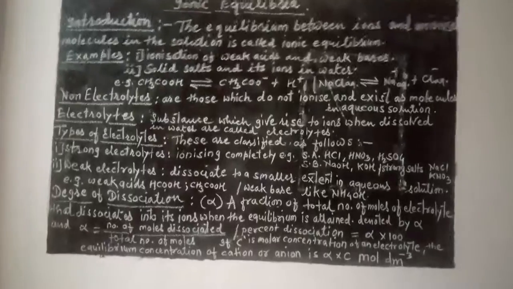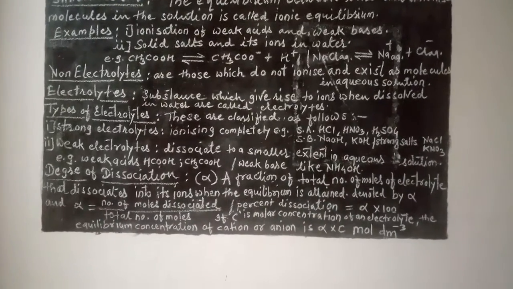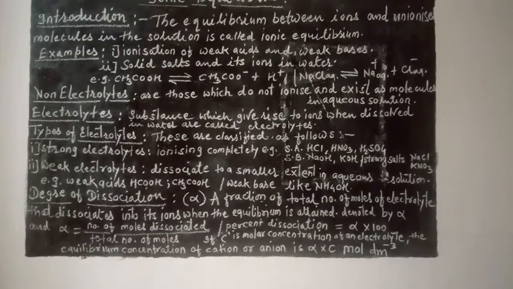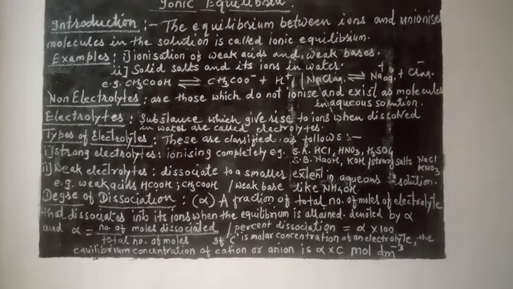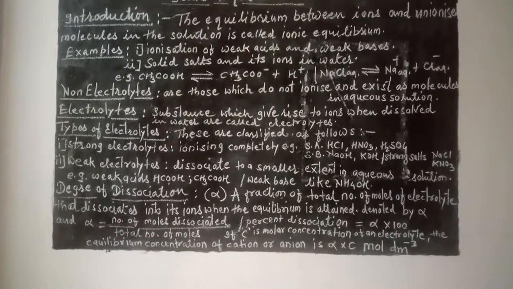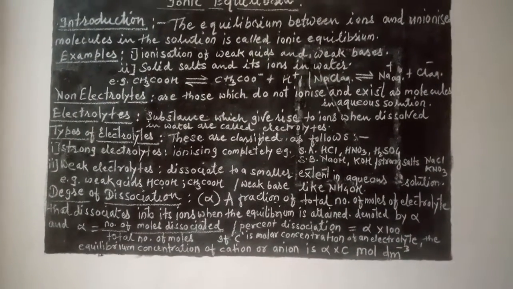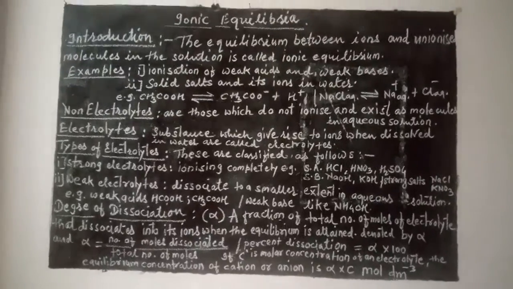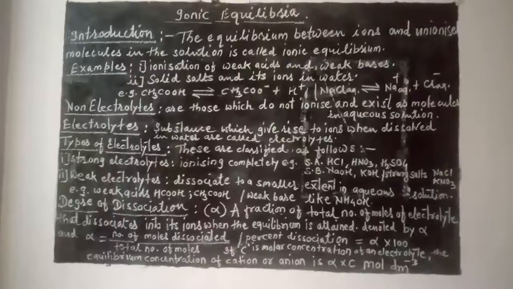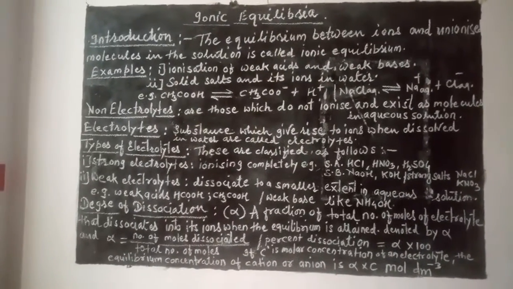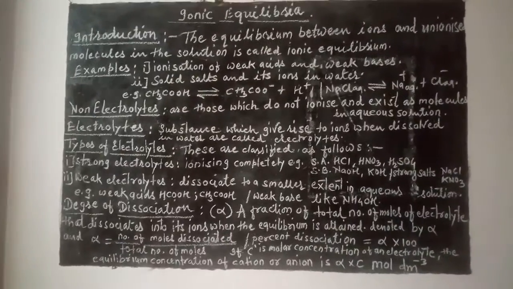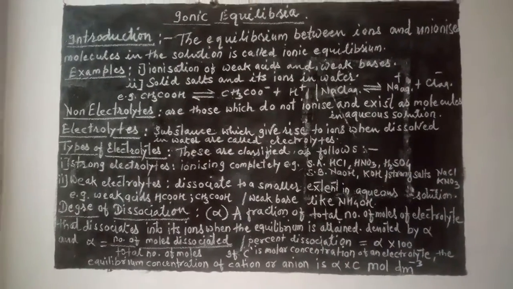The exact definition of degree of dissociation is as follows. It is defined as the fraction of the total number of moles of the electrolyte that dissociates into its ions when the equilibrium is attained. The degree of dissociation is denoted by alpha and it is given by alpha is equal to number of moles dissociated upon total number of moles.